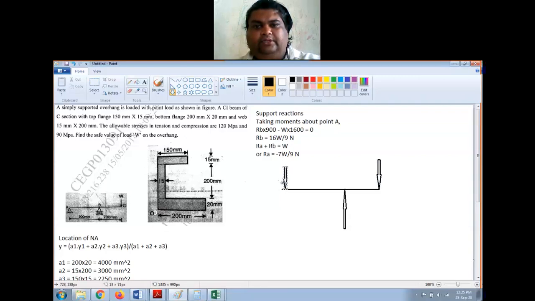That means the direction is downwards, right? A negative value of the reaction indicates it is in the downward direction.